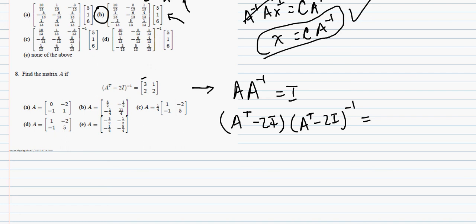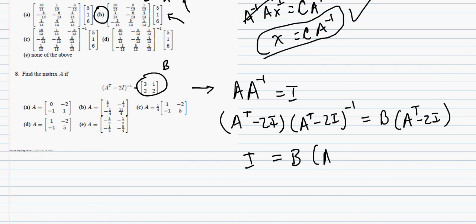And I'm going to call this matrix here B, just for the sake of space, keeps things clean. So we get B times (A transpose minus 2I), which is an identity, is equal to B times (A transpose minus 2I).